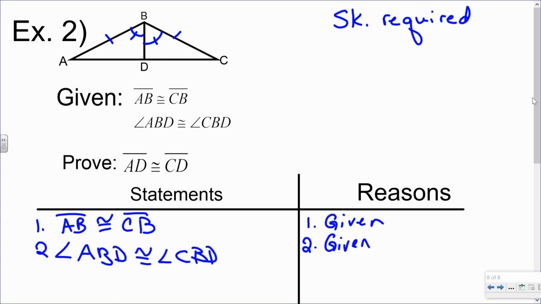How am I going to get to sides that match up? What am I going to end up having to use to get to matching sides? Maggie. So I'm going to have to get to CPCTC, so I'm going to have congruent triangles, then CPCTC. So how do I get congruent triangles out of this? I don't have any vertical angles like on some of those other examples that we were looking at. What are we going to do about this, Evan?